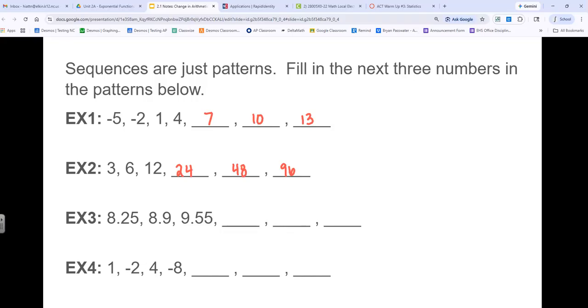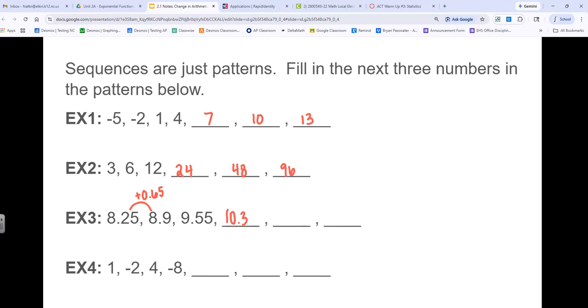Yep. Oh no, nope. You're off just a little bit. No. 10.3. Because what you're doing here is you're adding 0.65. Right. Now, that one's a little tougher to just see. I grabbed the calculator for that one.